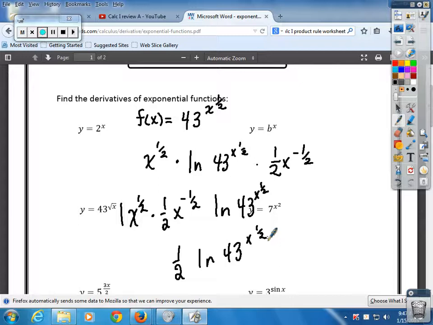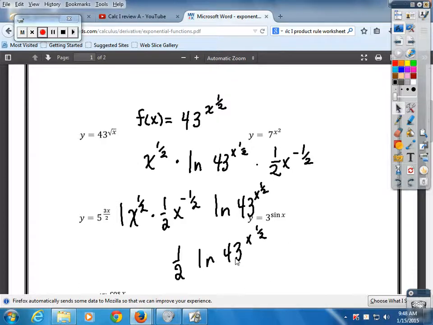Let's see what they got. Go ahead. I haven't done one of those in a long time, so I could be wrong. I think the x to the 1/2 exponent is supposed to have a negative 1/2. You're right. Right here.